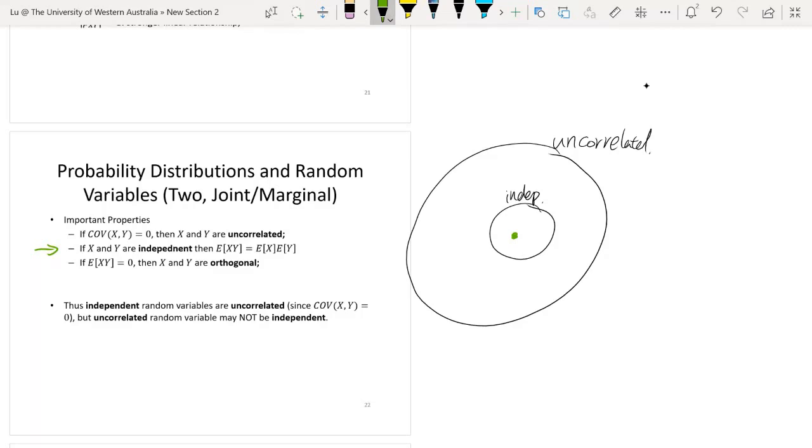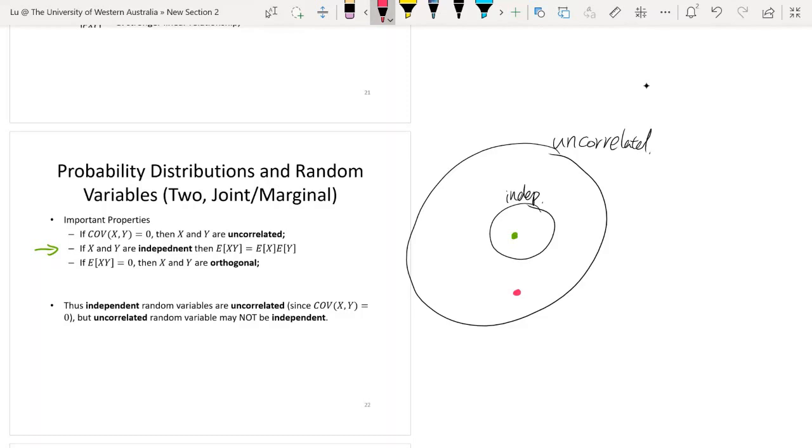But because the independency set is the subset of the uncorrelated set, this green dot must also mean the random variables involved are uncorrelated. But if you got a dot here, this dot is not within the independent set.